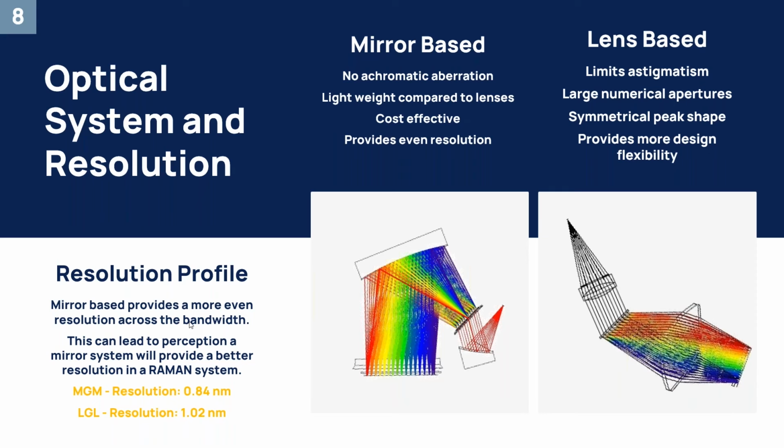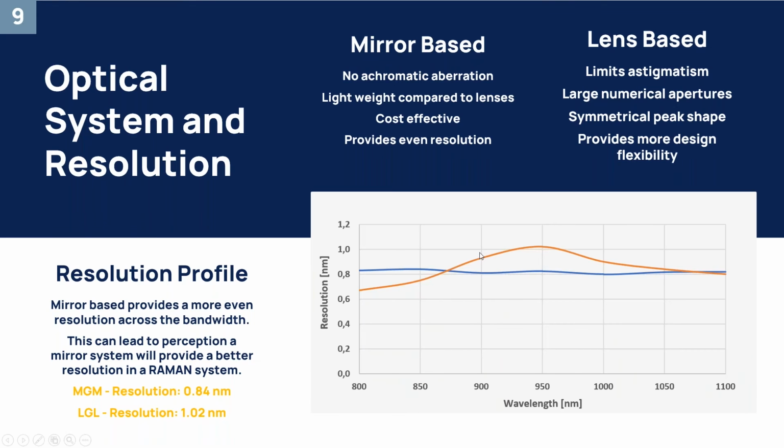And if I go to the next slide here, we do see that I've painted in blue a resolution curve that's very flat for a mirror-based system, and one that's not so flat in orange for a lens-based system that has the resolution that's mentioned before.